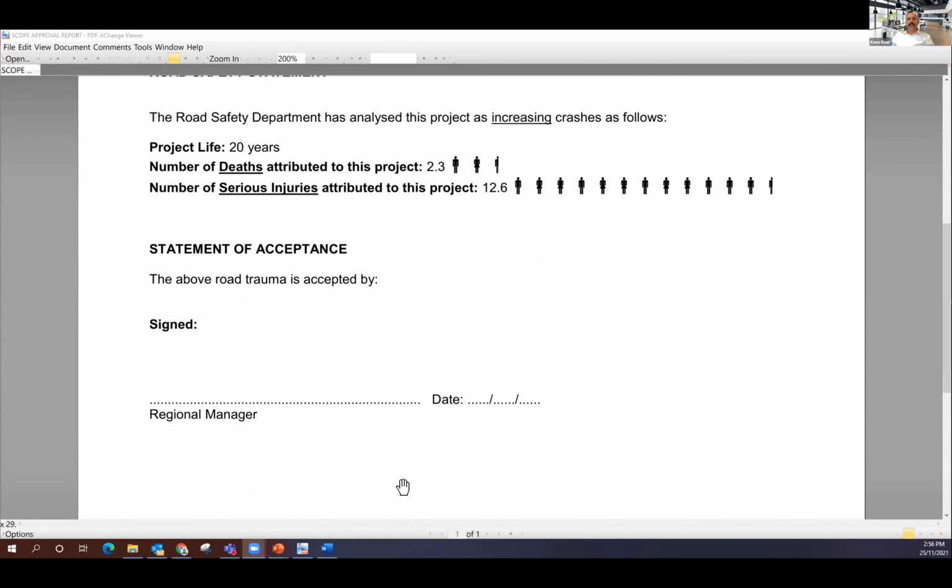So they got a design review, road safety report, and they got this memo on top of it sent back to the region. Now, you would imagine how that was received. Not very well. Did we get any signed and sent back to us? Never. Did we get a stern talking to from our executive director?